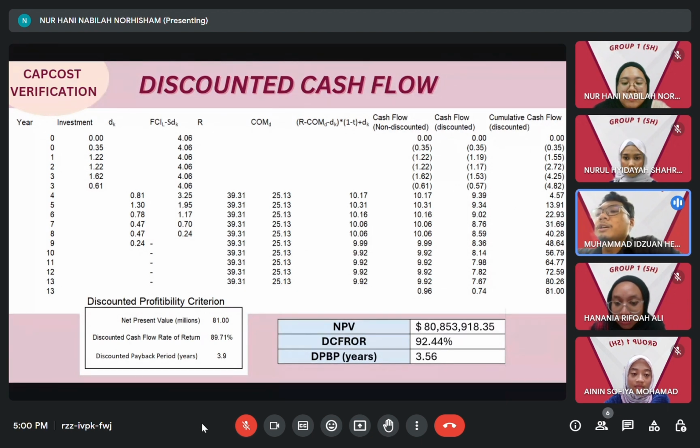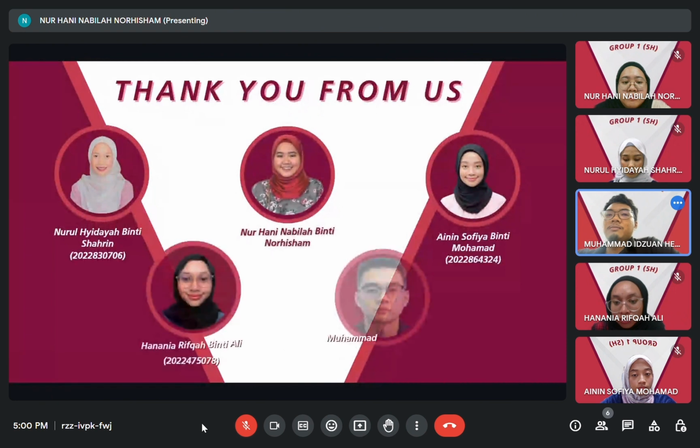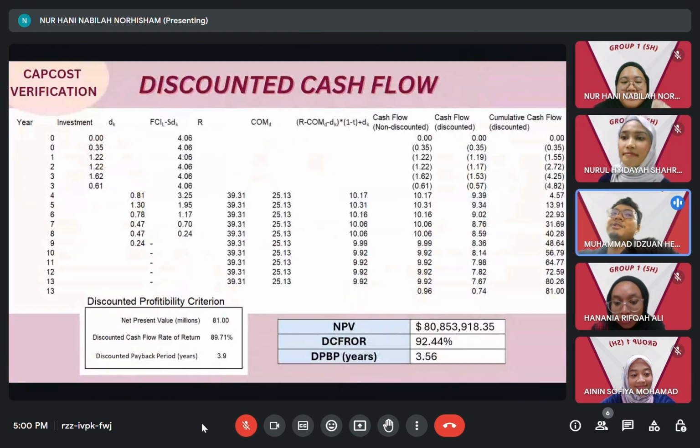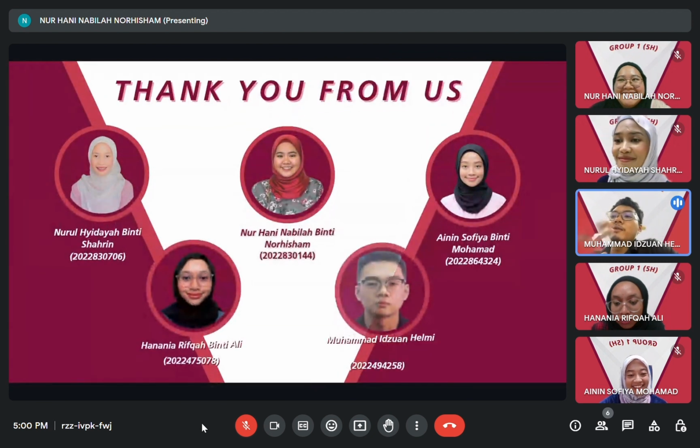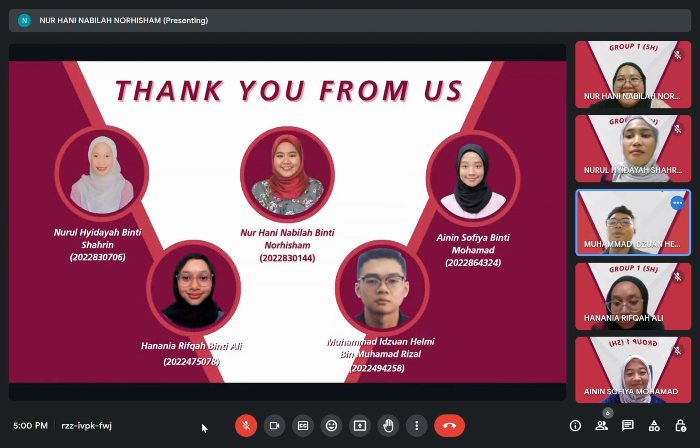Whereas for the manual calculation, we obtain that the net present value is 80 million, the discounted cash flow rate of return is 92%, then the discounted payback period is 3.56 years. So to summarize, there is a slight difference between the two calculations. To summarize, we have verified the manual calculation that we have obtained. Although a slight difference was found, we assume that all of the values are acceptable.